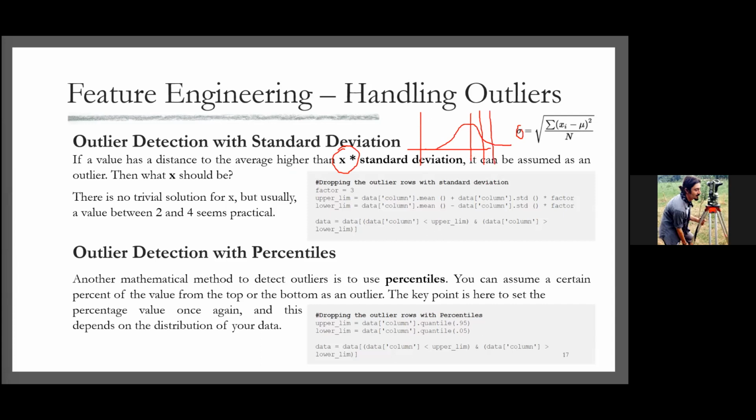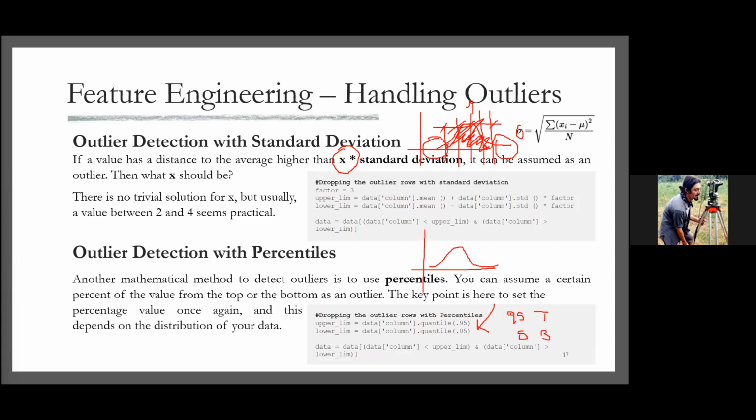So here's the mean. We use 2 standard deviations after the mean and before the mean. So we are going to deal with this kind of data, and we need to consider these 2 parts as outliers. With the same logic, we can use percentages. In the Python example, they choose 95% and 5% as the top and bottom.